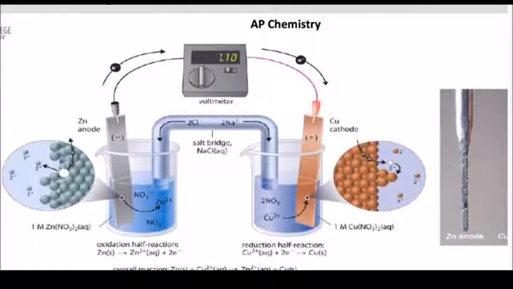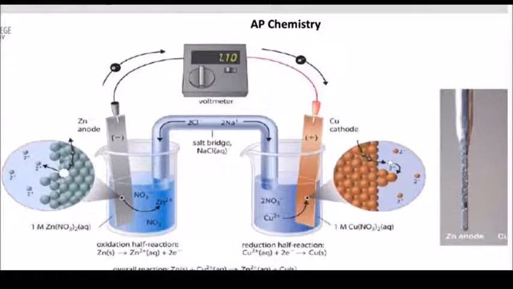So if copper 2 plus ion is leaving the solution, some of the positive charges are becoming a solid, so there's a buildup of negative ions. So we need the cations, in this case sodium ion, to flow into the beaker from the salt bridge to maintain that neutrality. That counteracts that buildup of charge.